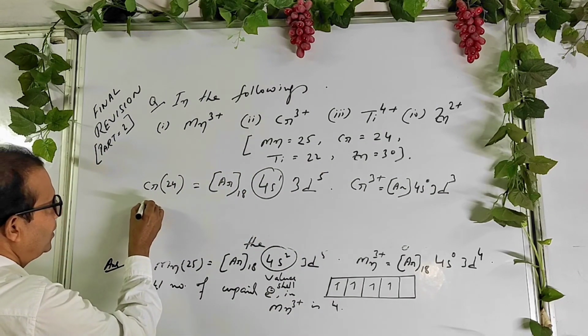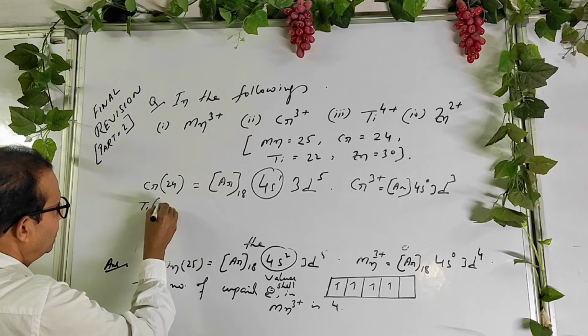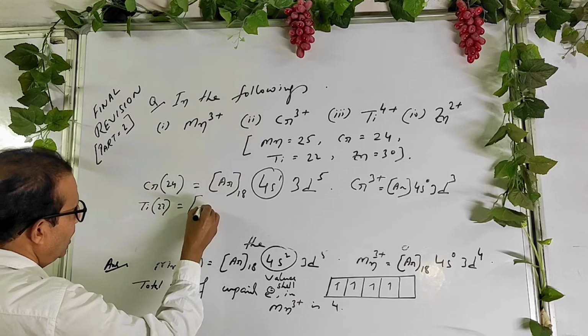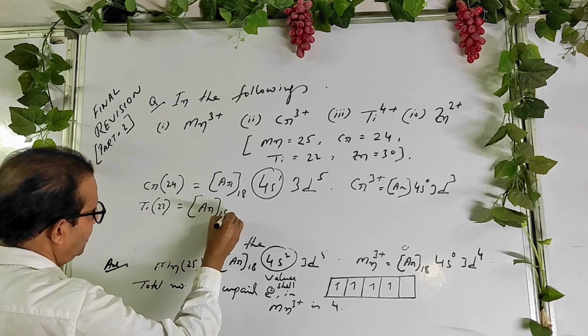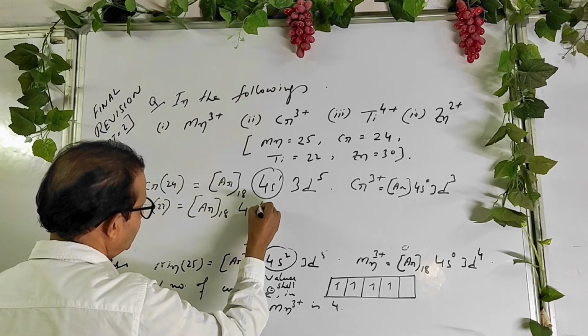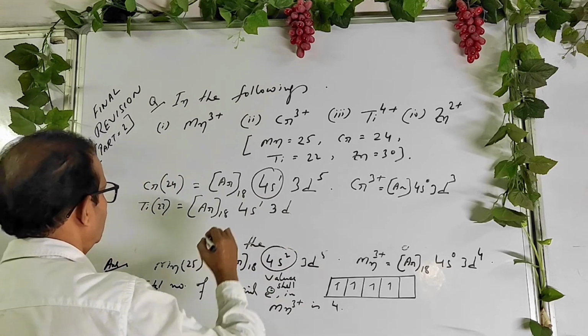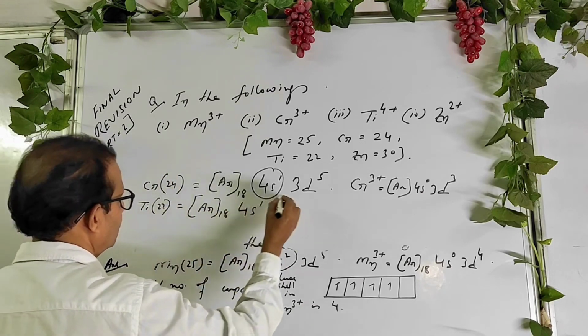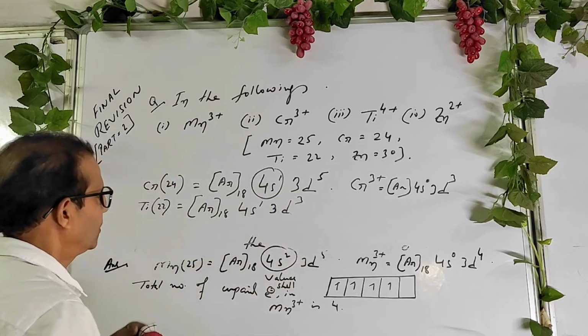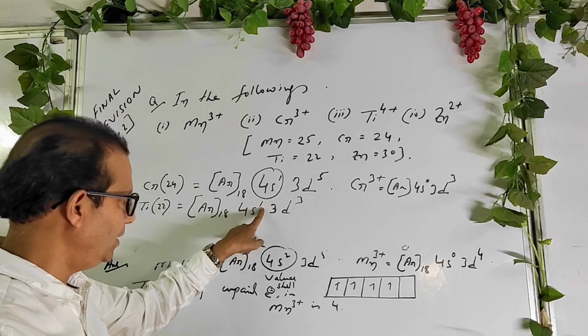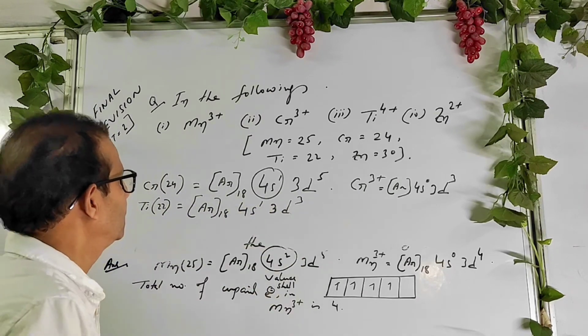Similarly, for titanium, atomic number 22, argon 18, 4s2 3d2.